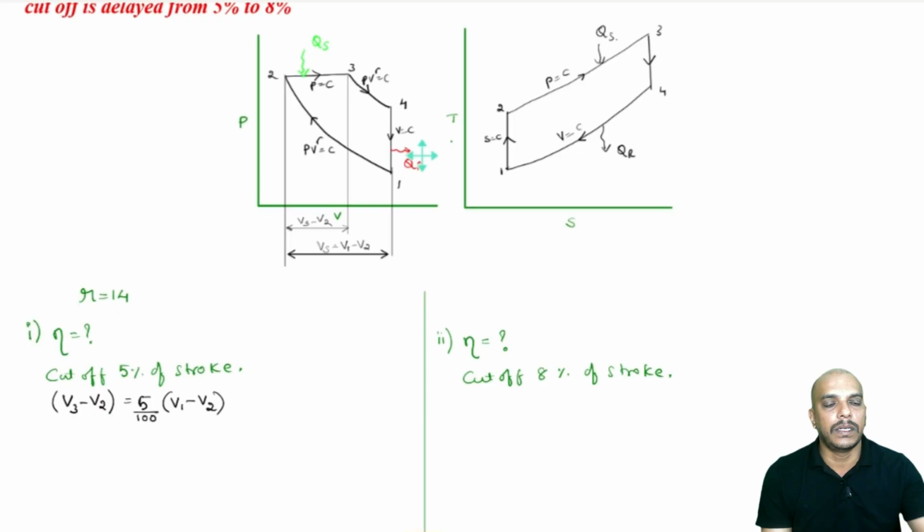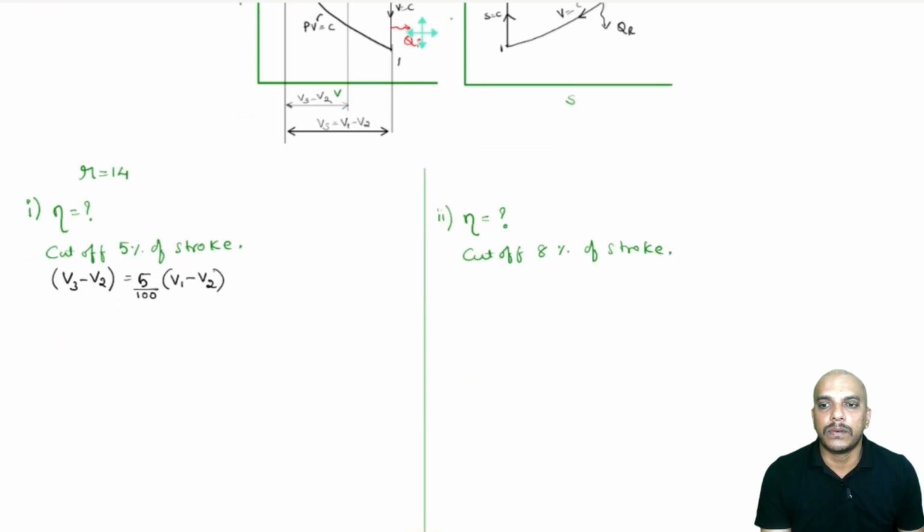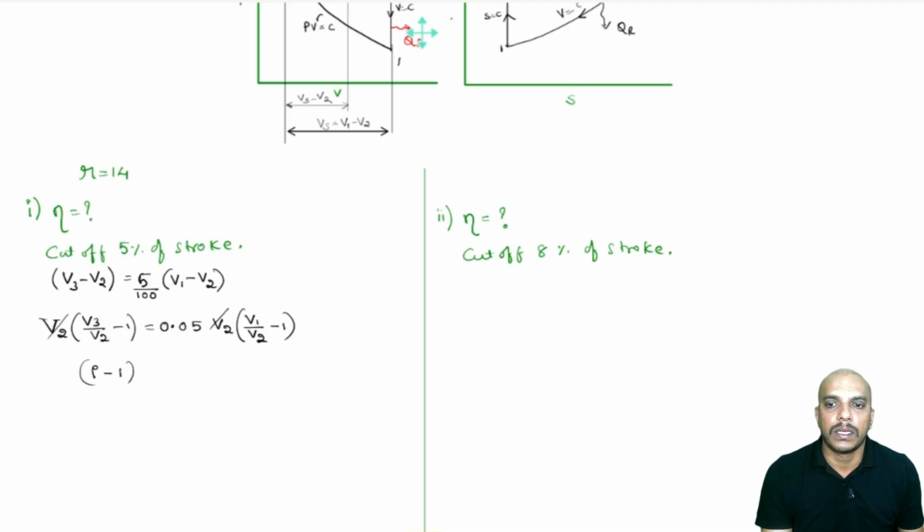And this we have already done plenty of times. So, we will take V2 common here and V2 common here. So, this will be V3 by V2 minus 1 is equal to 0.05 times V1 by V2 minus 1. So, V2 and V2 cancel out. V3 by V2 is rho, so rho minus 1 is equal to 0.05 times, V1 by V2 is compression ratio R, R minus 1.